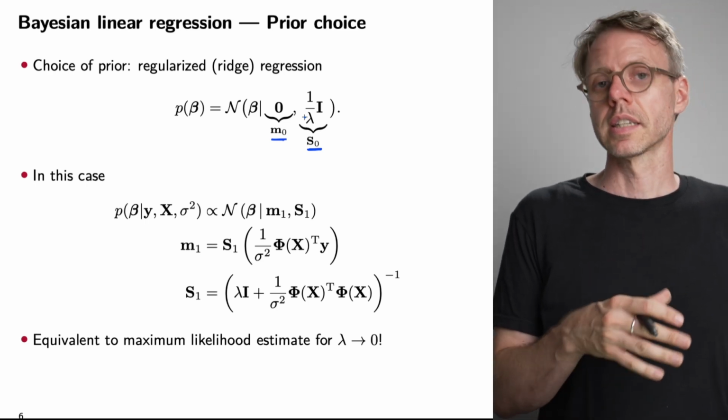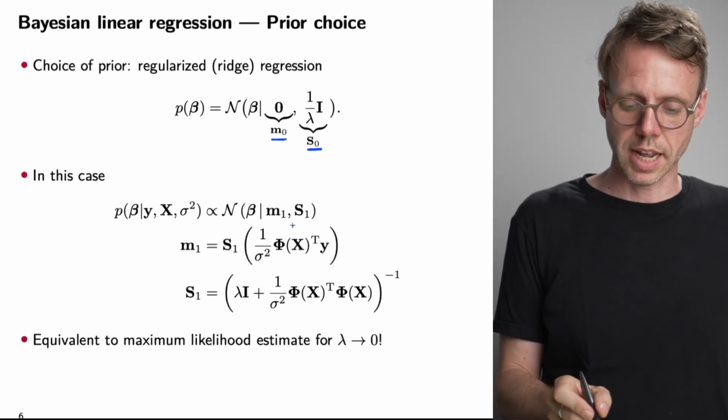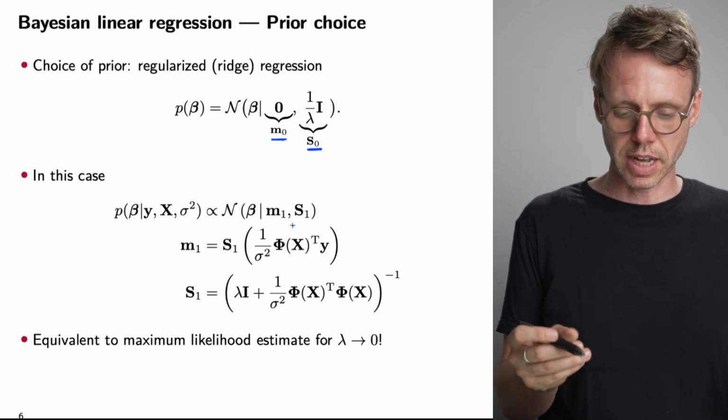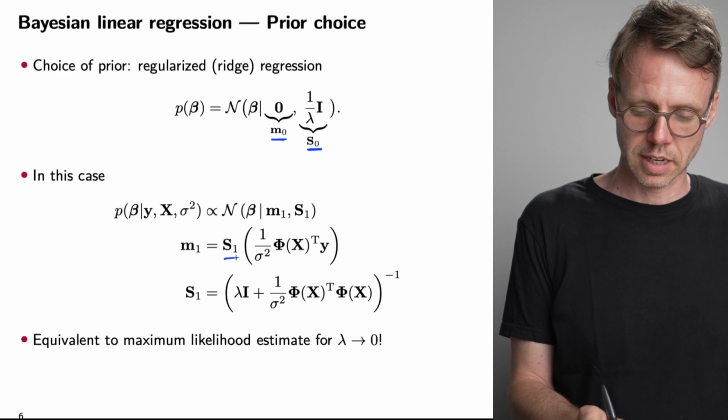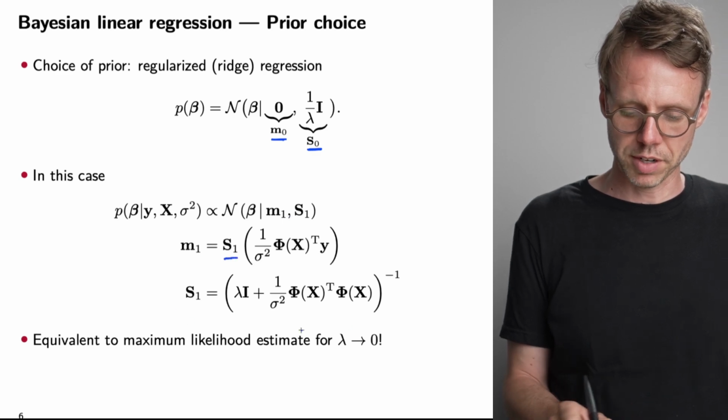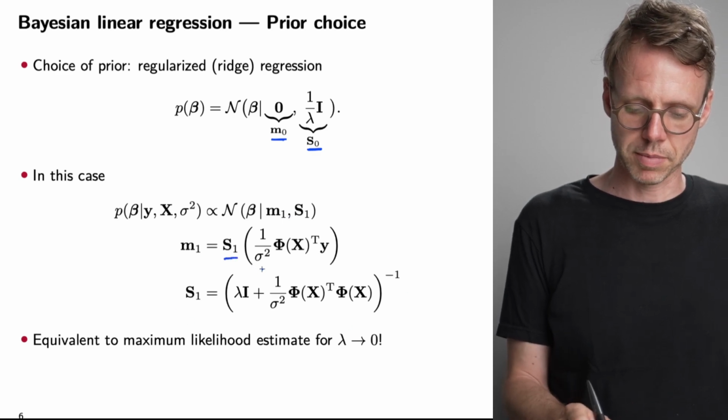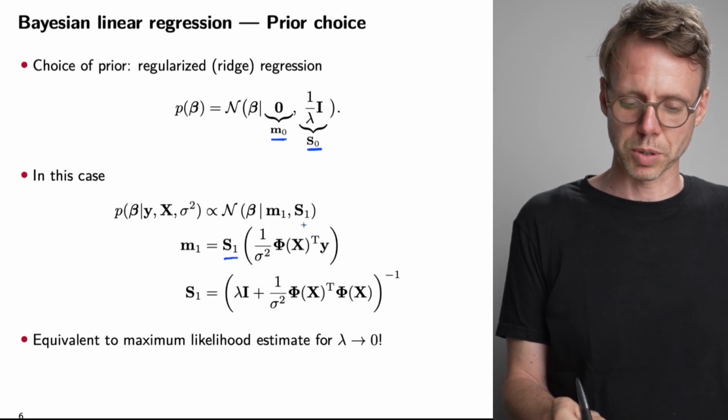In this case, M1 and S1 that we've just found simplify a bit. So M1 is just equal to S1 times 1 divided by sigma squared times phi of x transpose y.